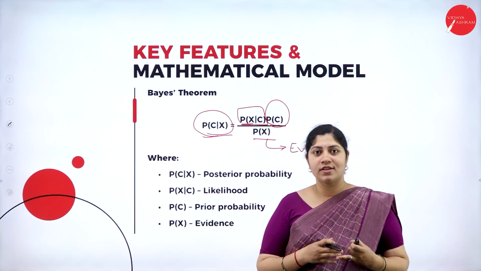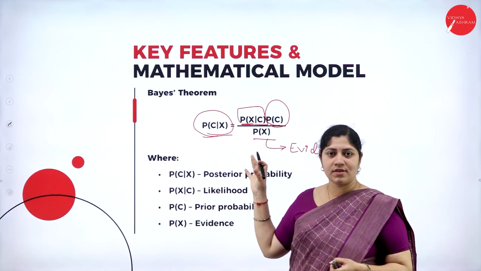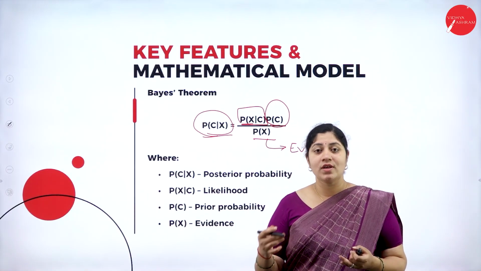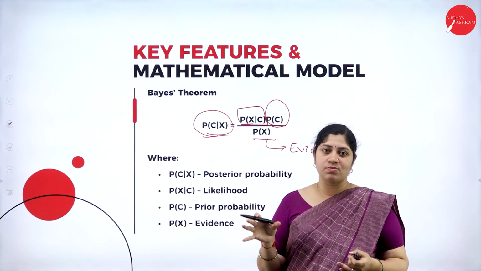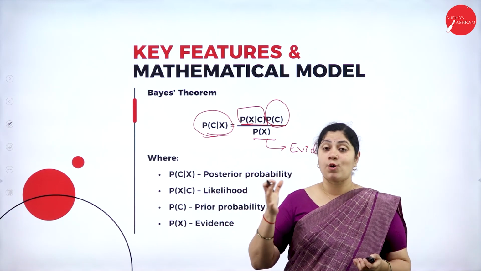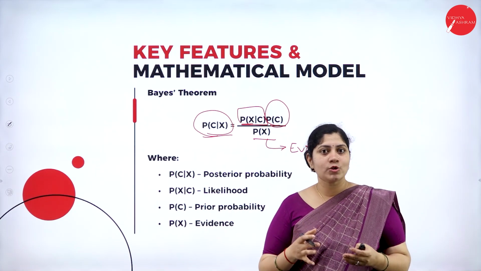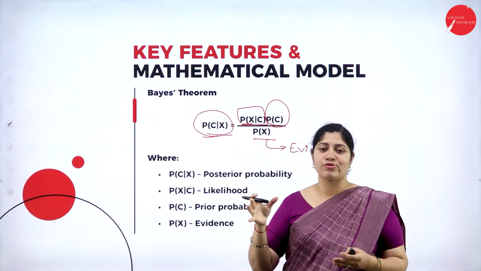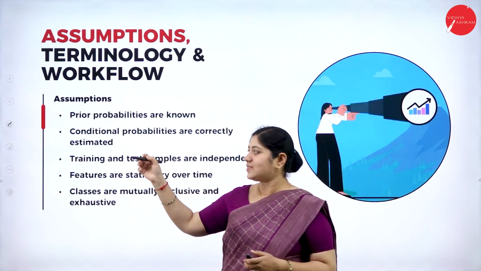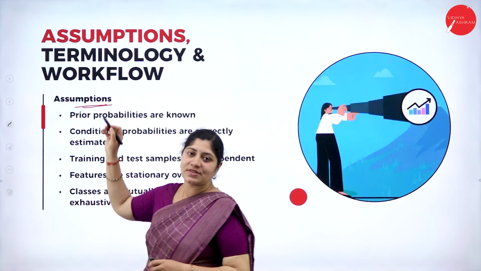Now, as we understood, this is a basic representation, and in order to go forward with Bayes classification, there are some assumptions that we need to take care of. So let's see what those assumptions are, and along with the assumptions, let's also understand different terminologies as well as the workflow. So let's move forward. Yes, over here, let's start by understanding the various assumptions.